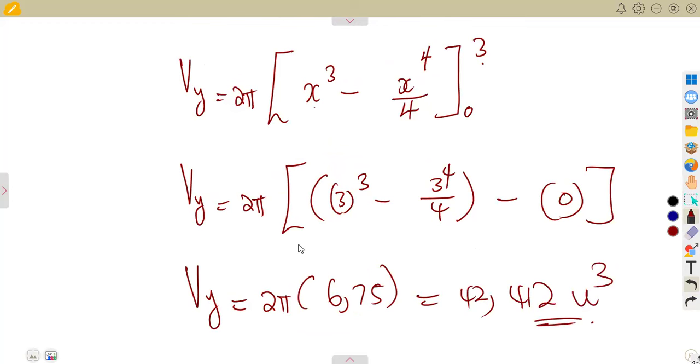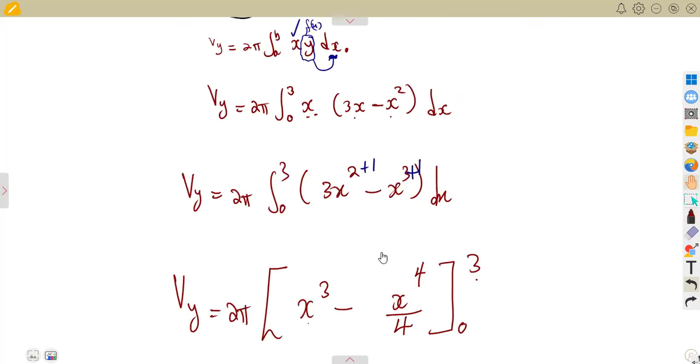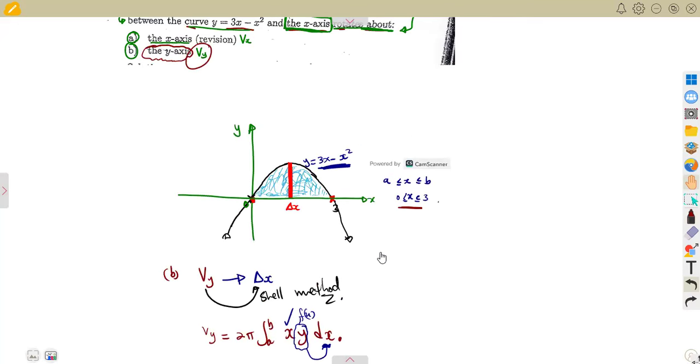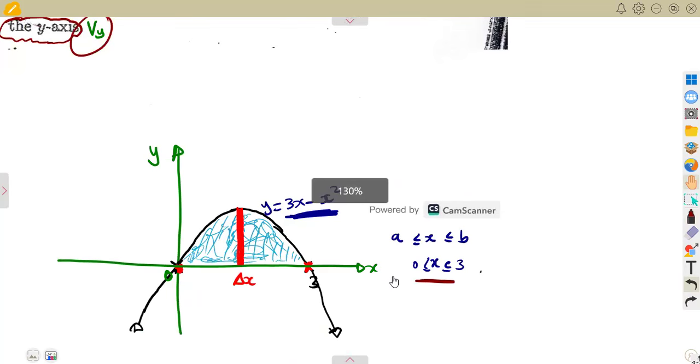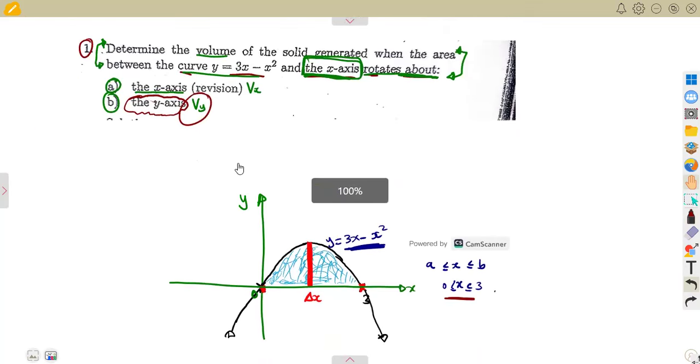So the limits that were being used are for x, but we are calculating the volume for y from the limits of x. So if you can be able to understand this, the difference between this, you are done. The difference between where this disk method can be used.